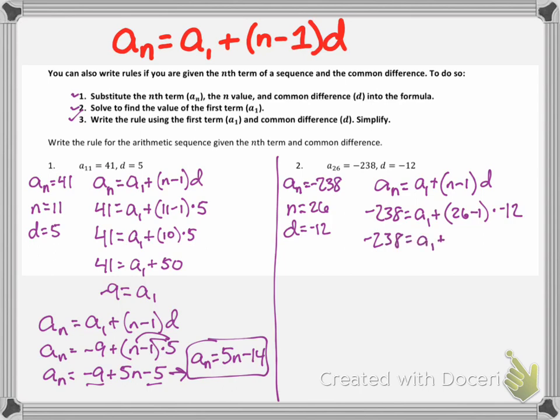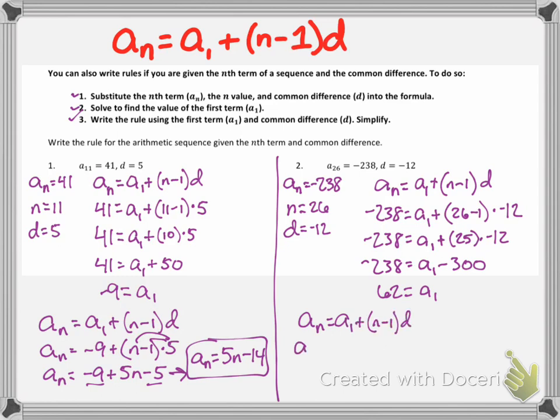So in parentheses, this will become 25 times negative 12. 25 times negative 12 is negative 300. I'd add 300 to both sides, telling me that 62 is a sub 1. So the first term of the sequence would be 62. And now that I have that, I'm going to go ahead and write the actual rule.